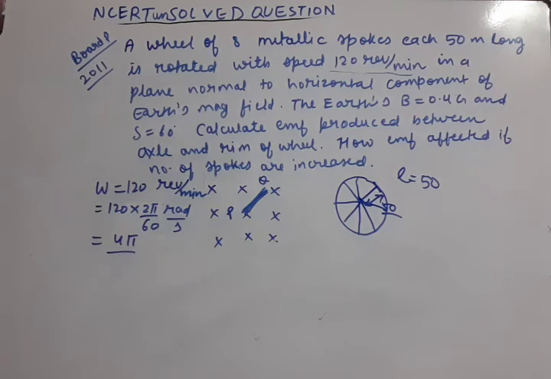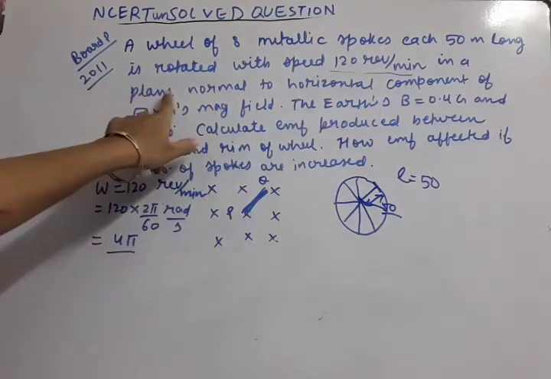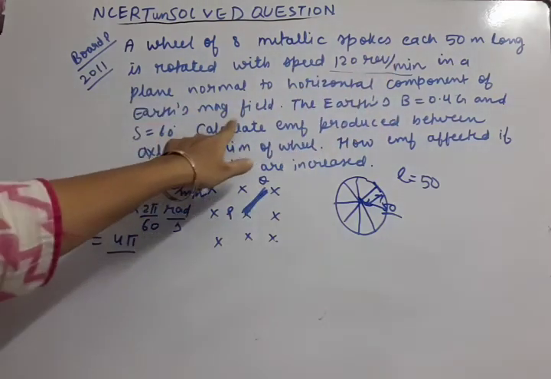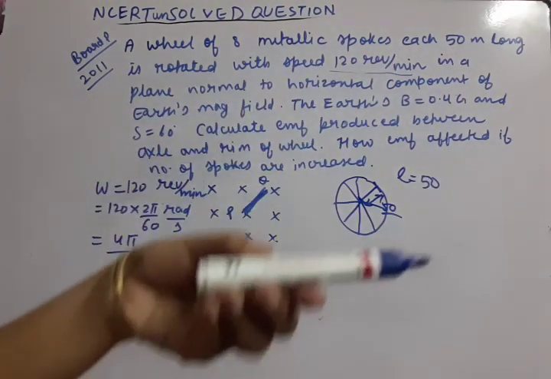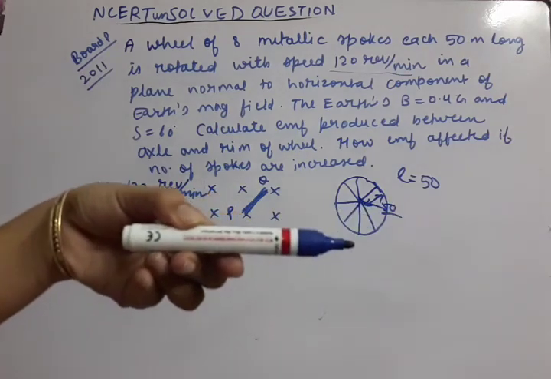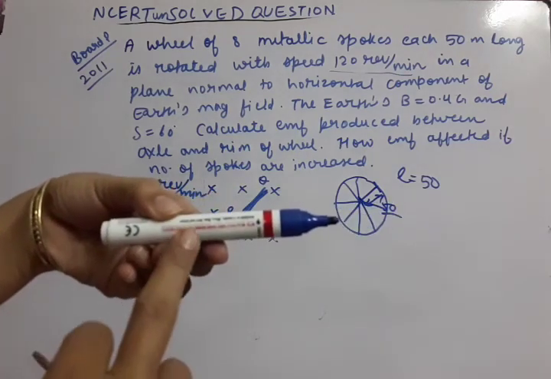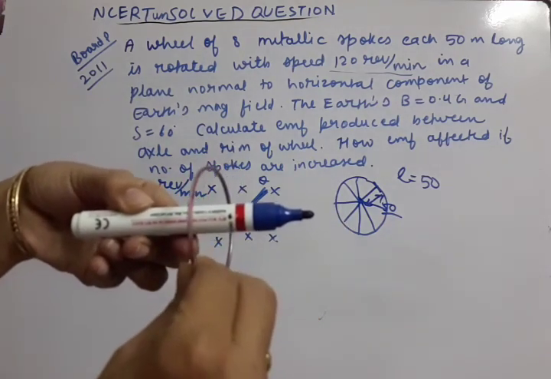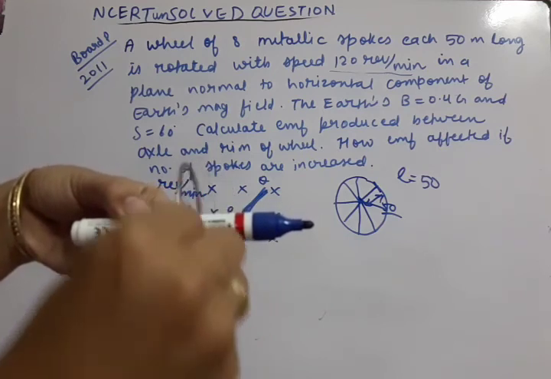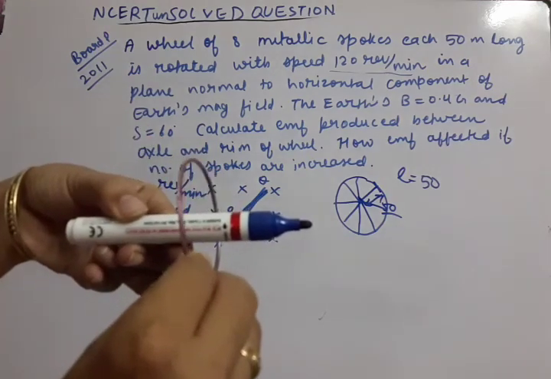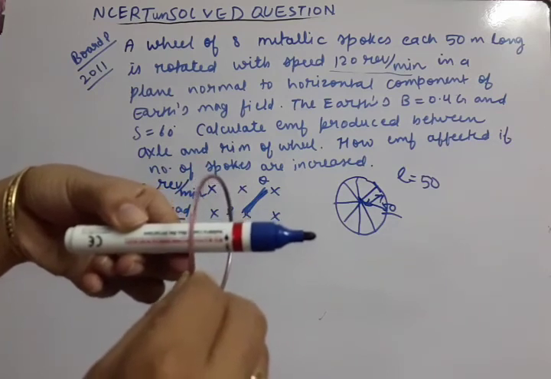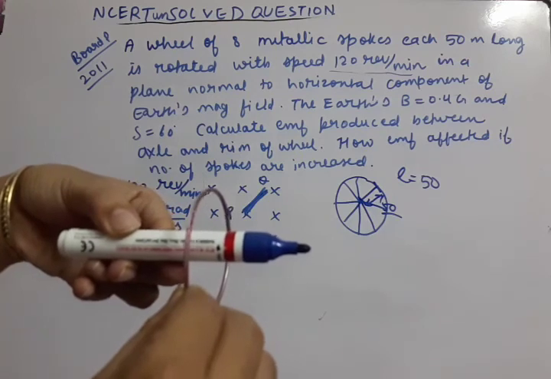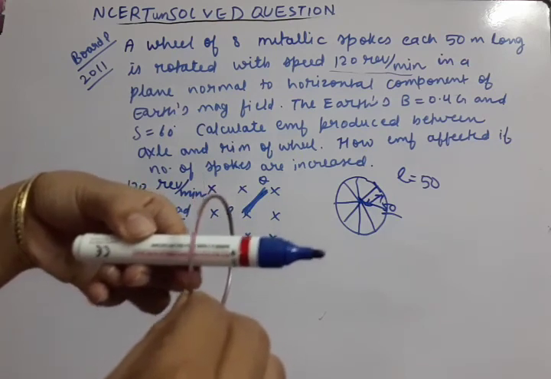Omega is given now, and then it is written that it is rotated in a plane normal to the horizontal component of Earth's magnetic field. This way, if this is the Earth's horizontal magnetic field, then this wheel is rotated perpendicular to it. So the magnetic field required here for the calculation of induced EMF is only this horizontal component.